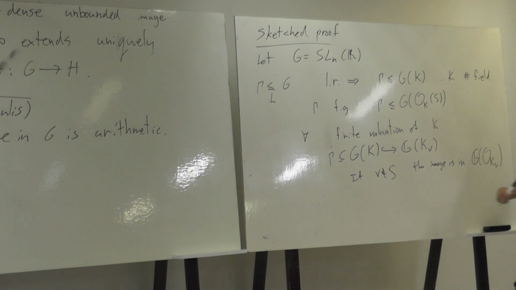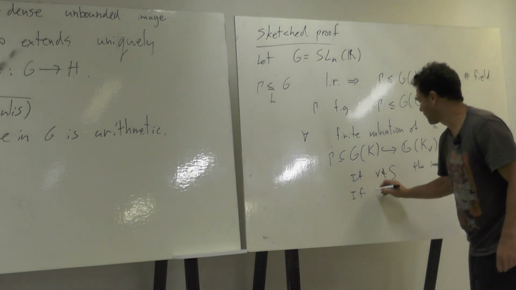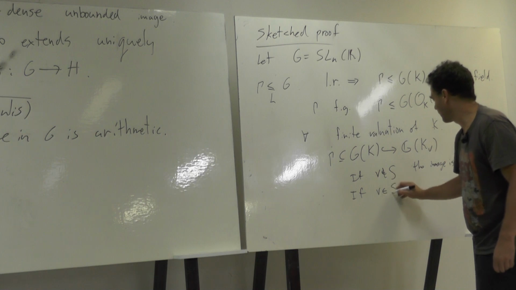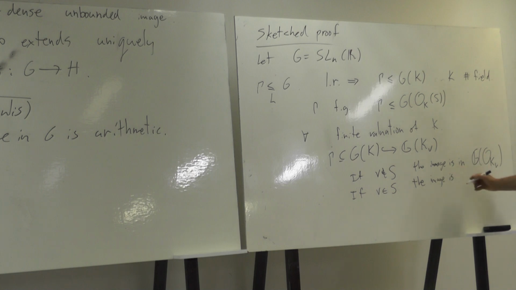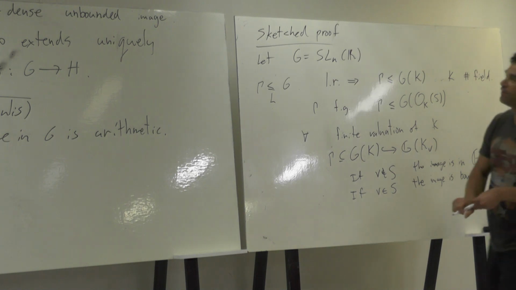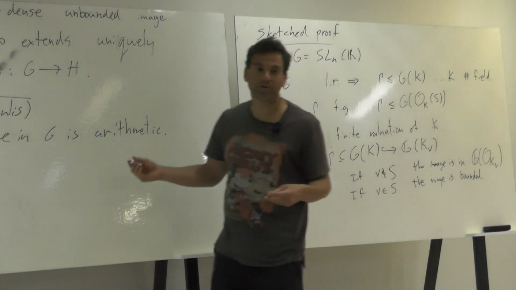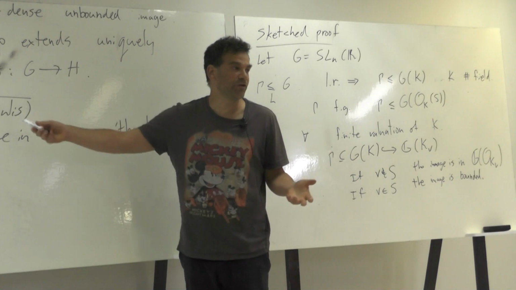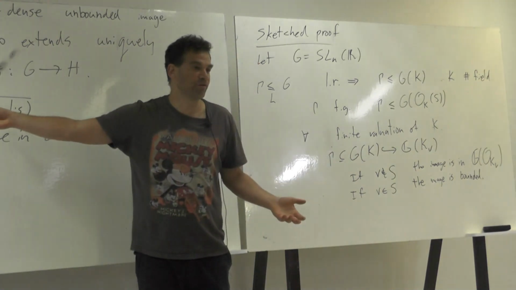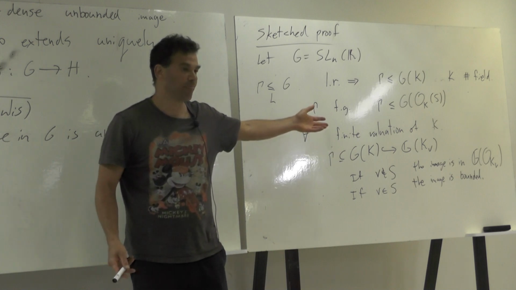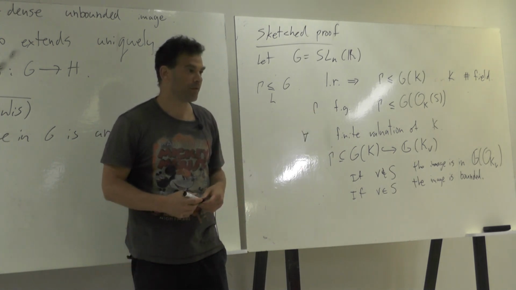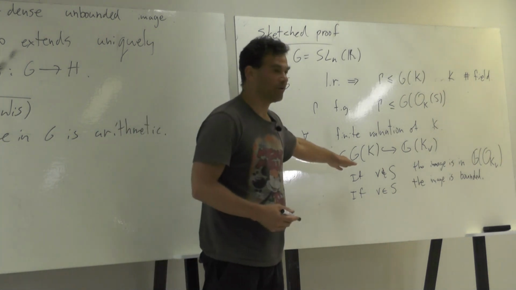And if v is in S, the image is bounded. Why? Because if it was unbounded, superrigidity would tell you that you can extend the map to G, but there are no maps from SLn(R) into totally disconnected groups. So the image is bounded.